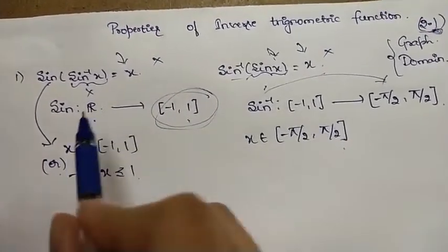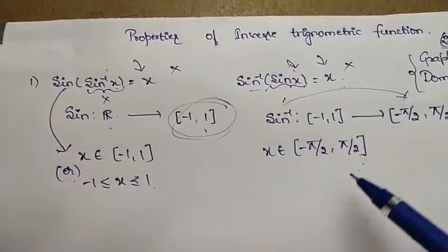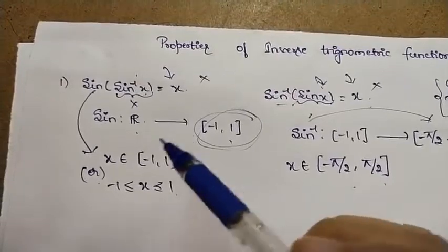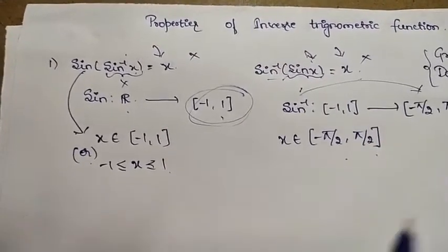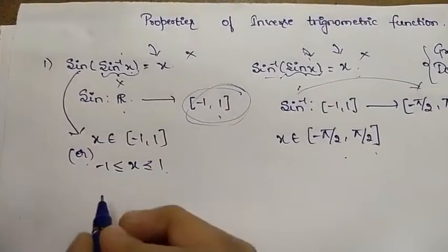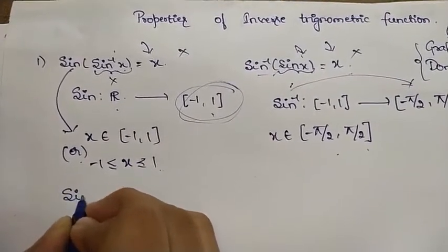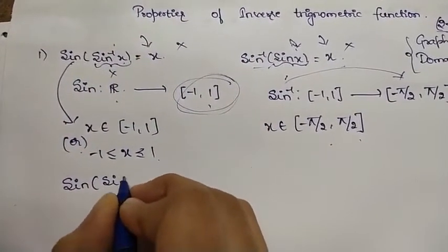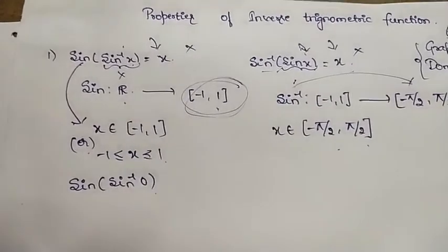Now you know where x belongs in this case and where x belongs in the other case. Now let us understand how we are going to solve the questions when a question like this arises. For example, if I take sine inverse of 0, sine inverse of 0.